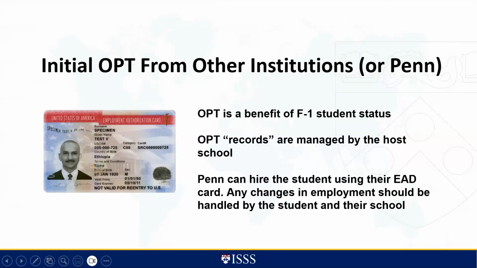Okay, so if a student just graduated from another university, or even a Penn student, comes to you and says, hey, I would like to work for your department, number one, you want to make sure that the major field of study is very similar to the job duties that the position is going to offer.